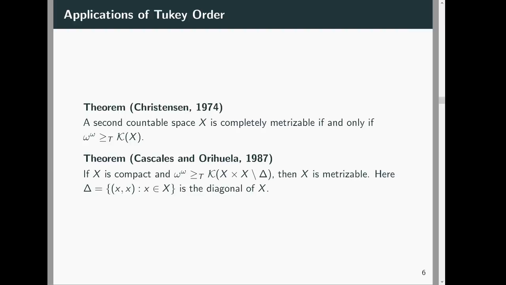And also, if you have omega to the omega Tukey greater than the collection of compact subsets of the off-diagonal space of X, then X is metrizable. So using the language of Tukey ordering, we have these two classical results.